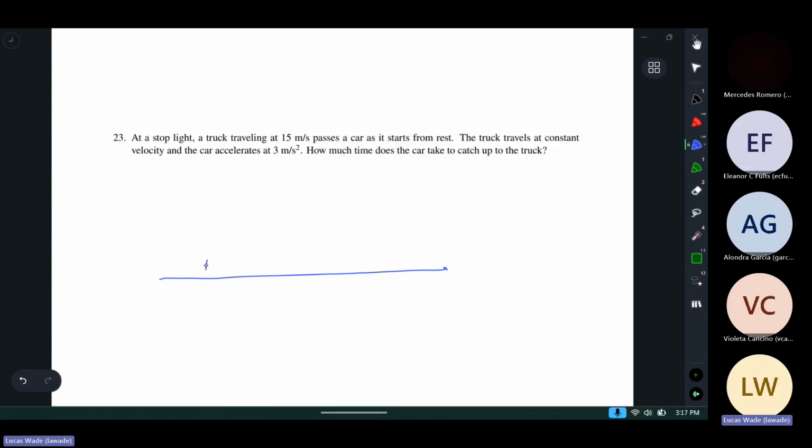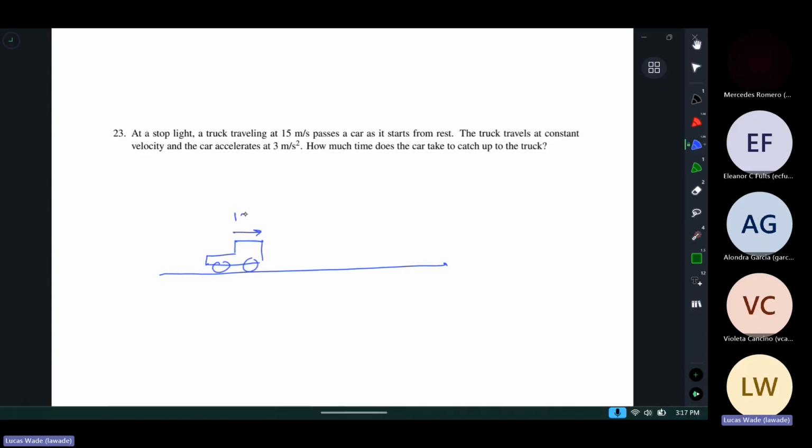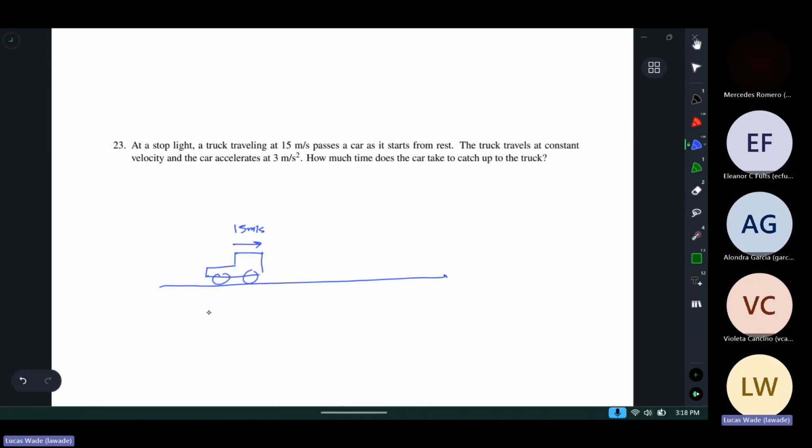Anyway, a truck is going 15 meters per second and it passes a car, which I'm just going to draw a parallel track for. It starts from rest. The truck travels at constant velocity.